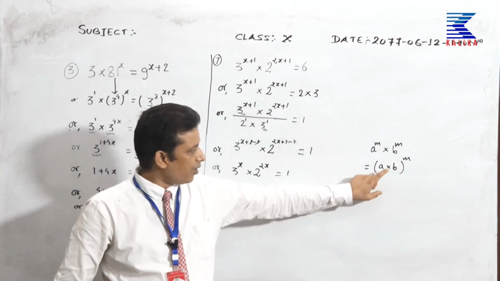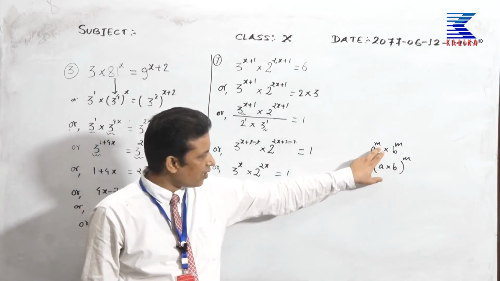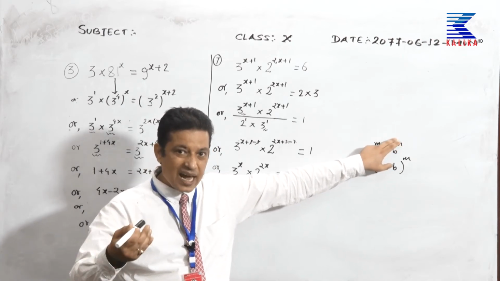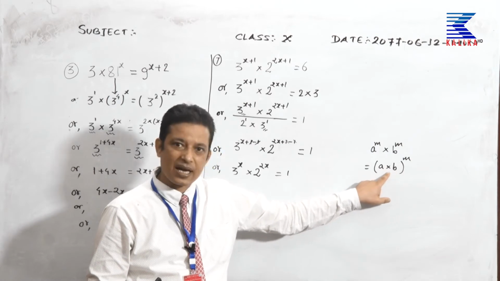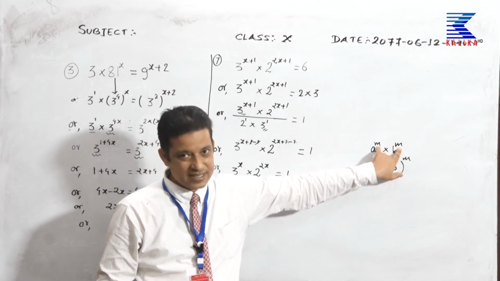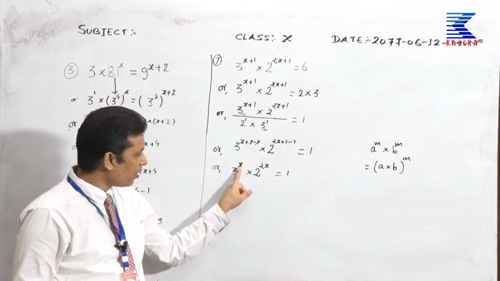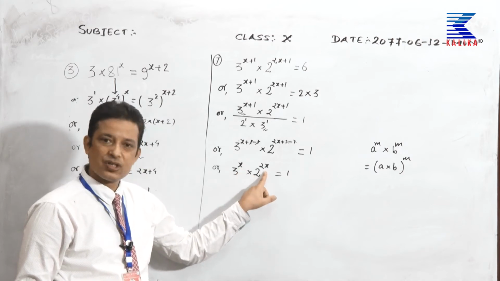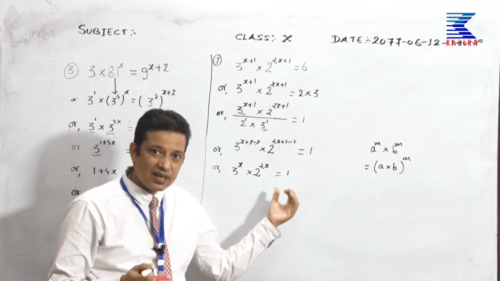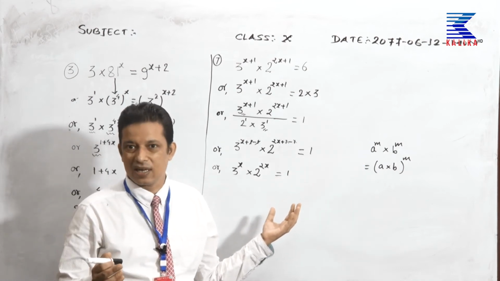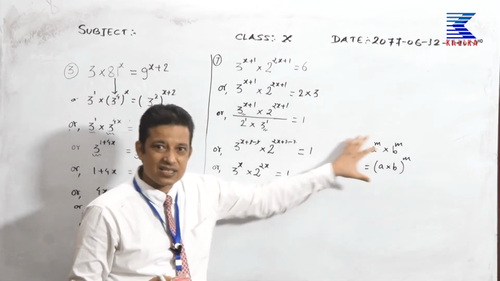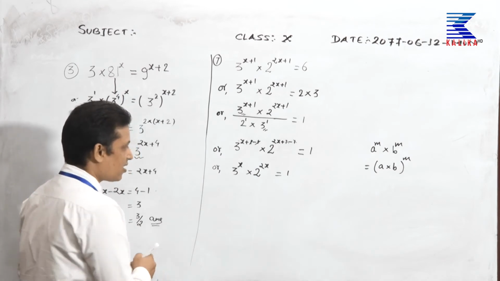In this case, if we get a to the power m times b to the power m, we can write it as a times b in the bracket whole to the power m, because the power of both the numbers is the same. But here, dear student, the power is x here and the power is 2x here. Can you apply this law directly in this form? No, obviously not, but I am going to use this fact here. Let us see how, it is not difficult.